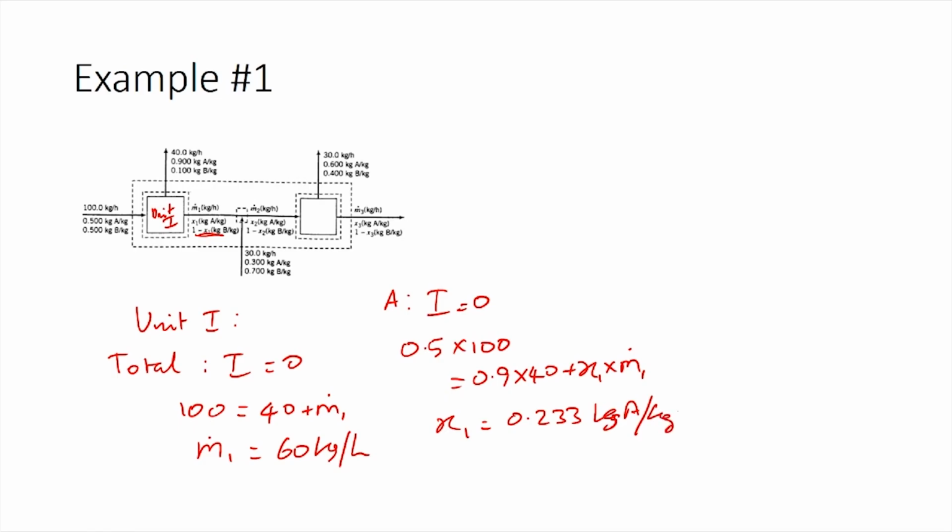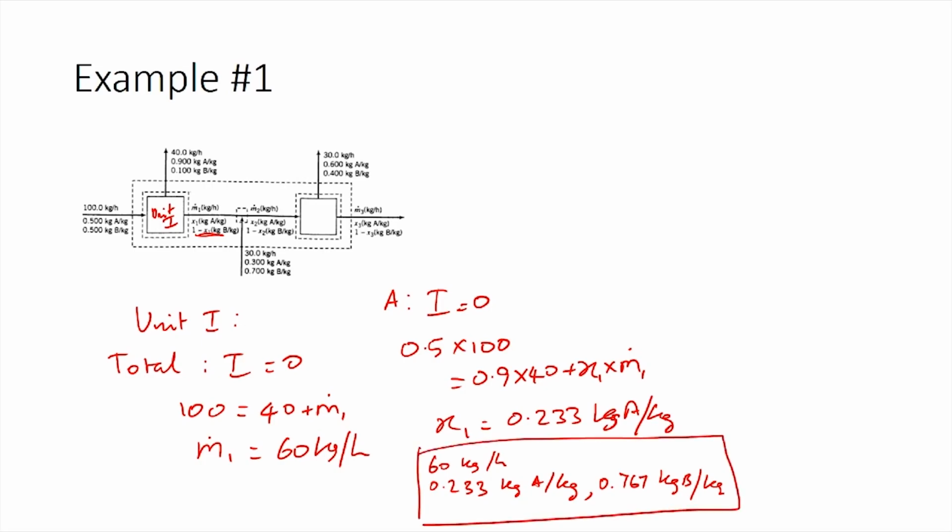So, the product stream which is leaving unit 1, which is stream 1, basically contains 60 kilograms per hour with 0.233 kilograms of A per kilogram and 0.767 kilograms of B per kilogram. The composition of B is basically 1 minus the mass fraction of A.